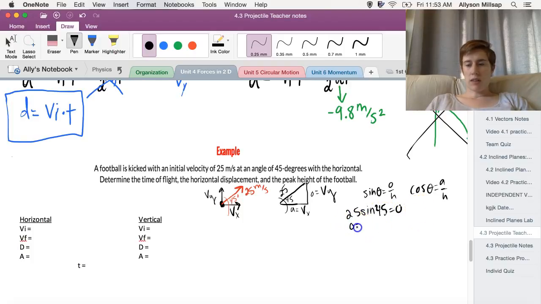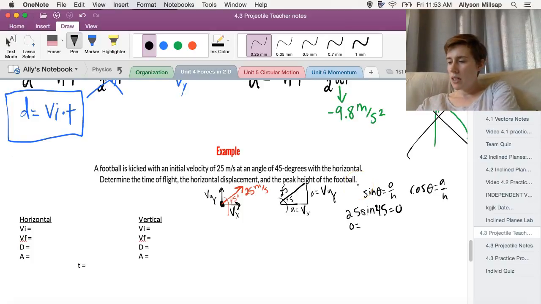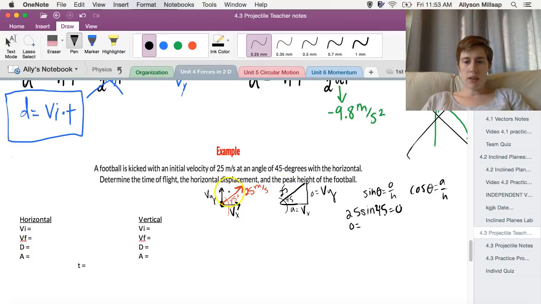When I do the calculations, my opposite is 17.7 meters per second. What does that stand for? Well, opposite is my upward speed, my vertical speed. So my initial vertical speed was 17.7 meters per second. Okay, what about my adjacent?